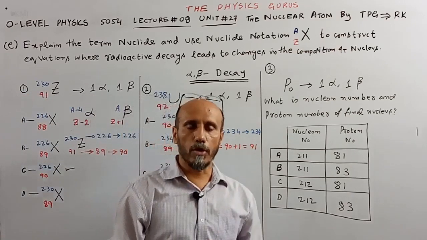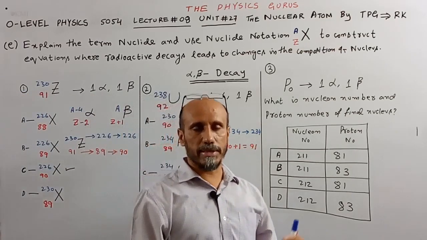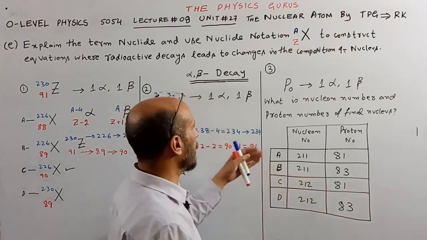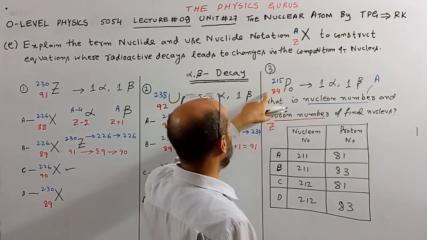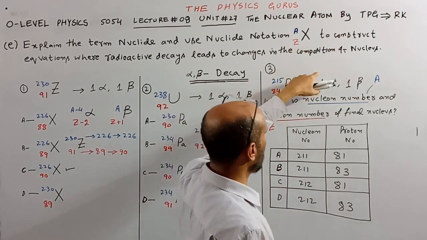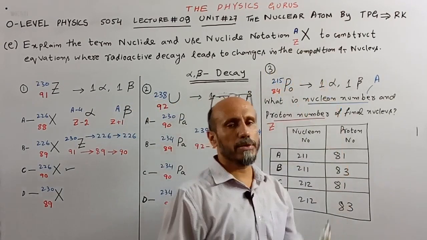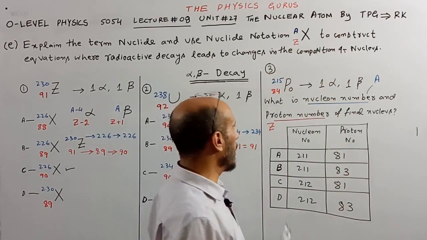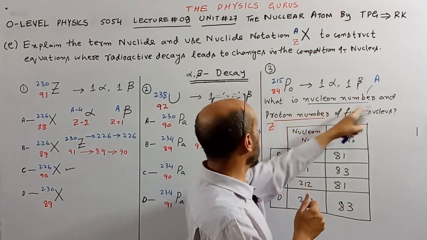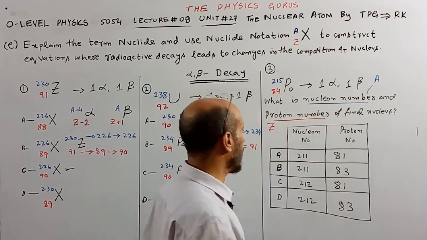So I hope that you are able to understand these examples. Now we will consider example number 3. In example number 3, an element Po with 84 and 215 is emitting one alpha particle, is converted into a new element, and then that new element is emitting a beta particle. So what is the nucleon number and proton number of the final nucleus?